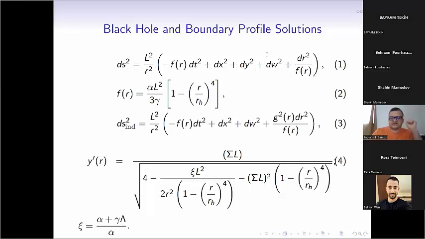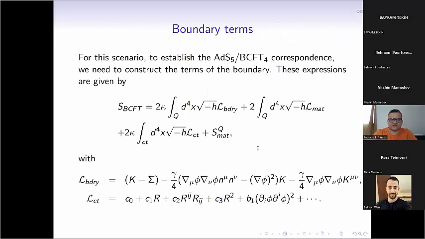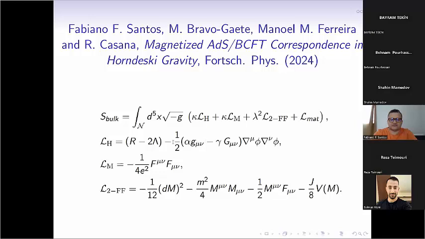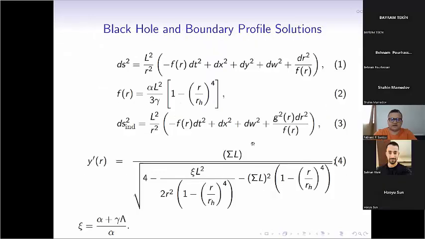This ingredient is a black hole in 5 dimensions on the gravity side, and for the boundary side, we have an induced metric in 4 dimensions, right? Because we establish the AdS 5, BCFT 4 correspondence, right? And for the gravity side, this is the solution, where alpha and gamma are Horndeski parameters that come from the Lagrangian density, okay?